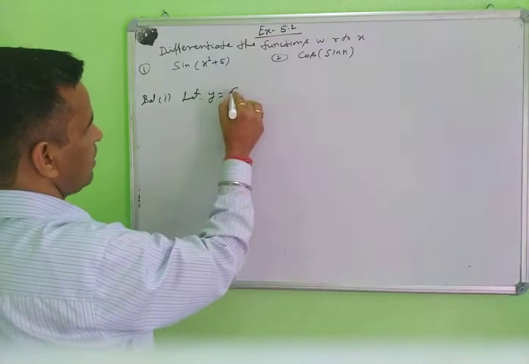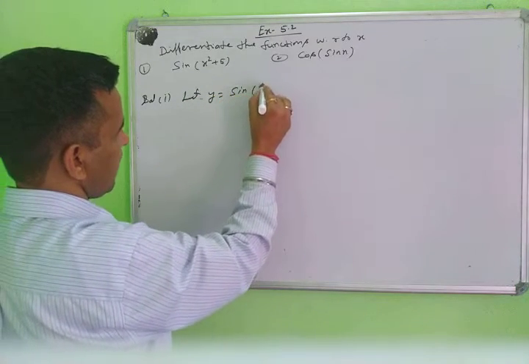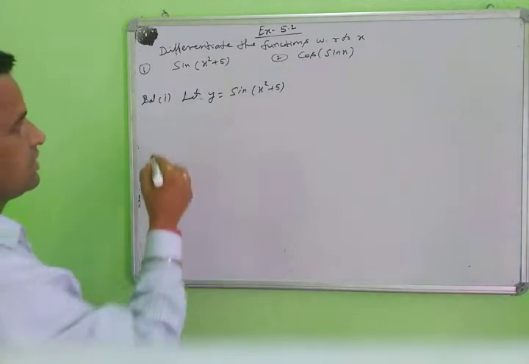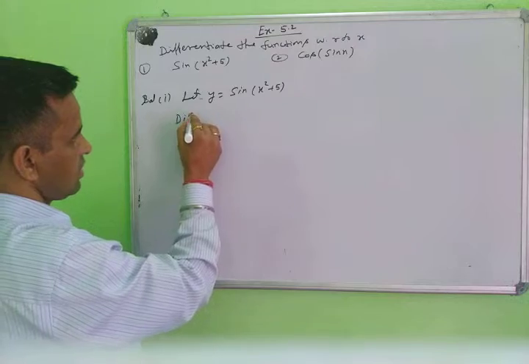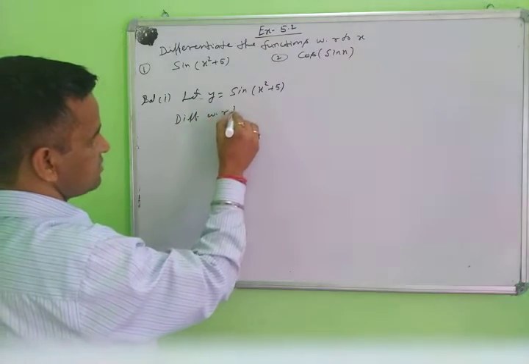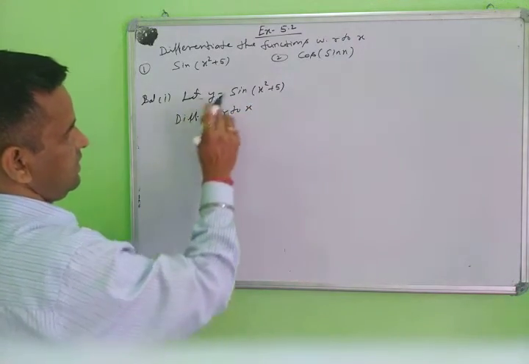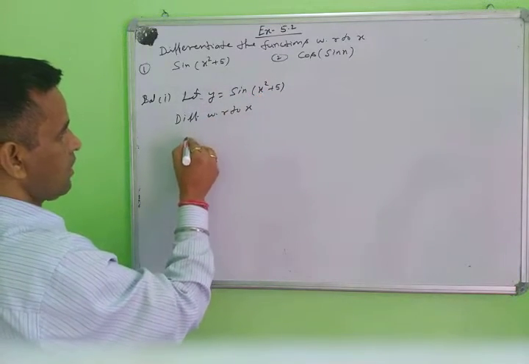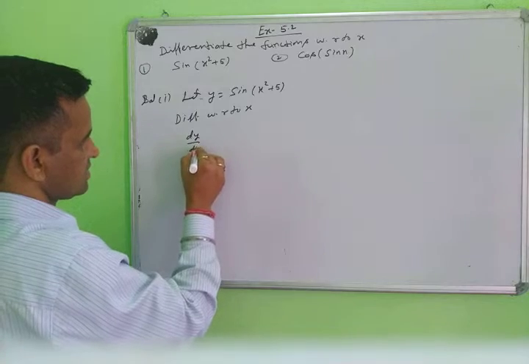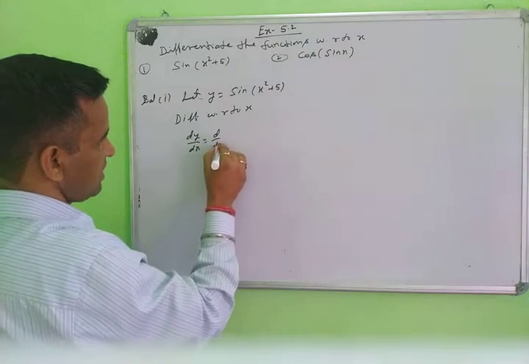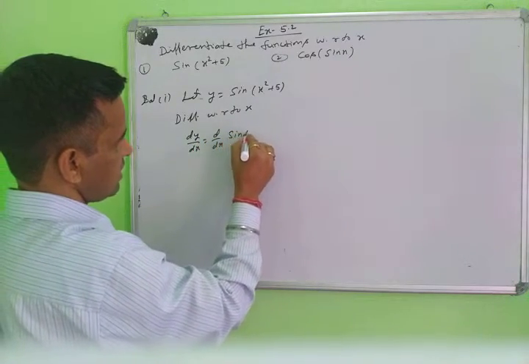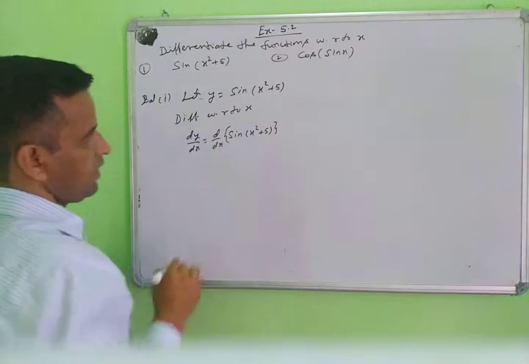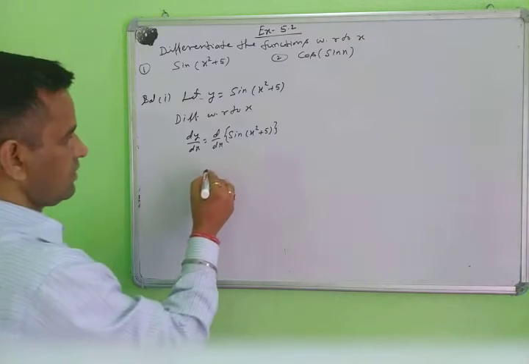Let y equal sin(x square plus 5). Now differentiate with respect to x. In this way, x will be differentiated here. So dy over dx equals d over dx of sin(x square plus 5). Now differentiate here.